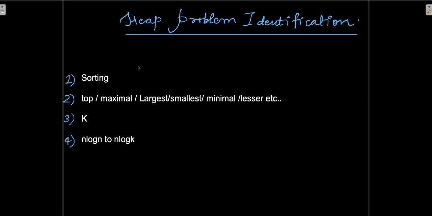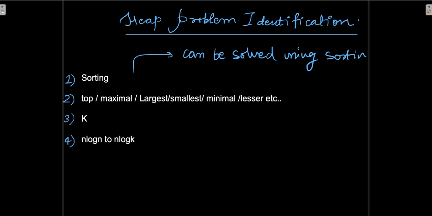If a generic problem statement is given to you, one thing you will be able to understand is whether the problem can be solved using sorting. Let's say the problem is the kth largest element, a very standard problem for heap.